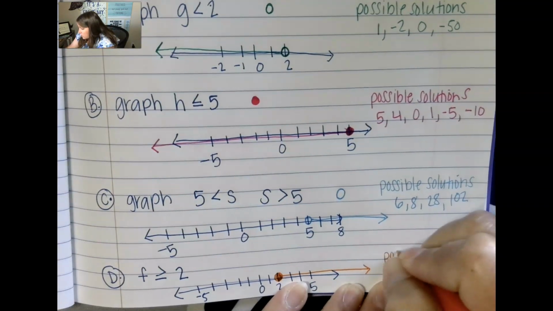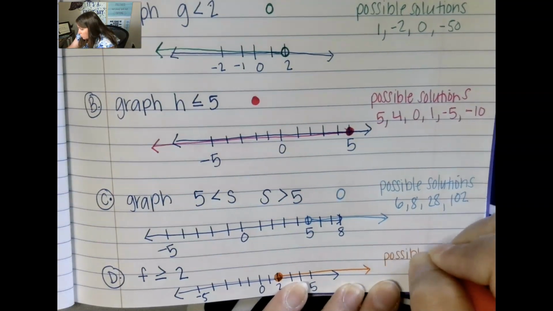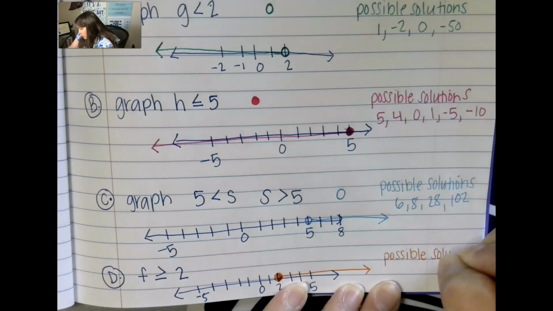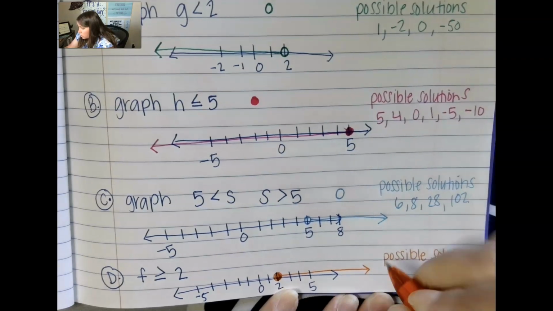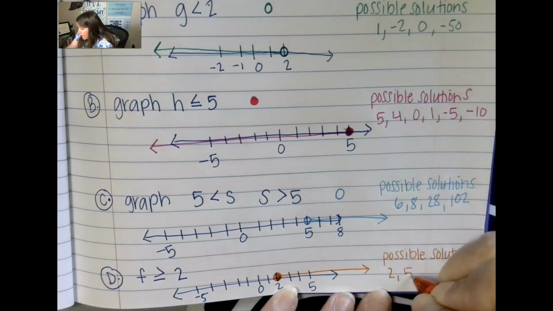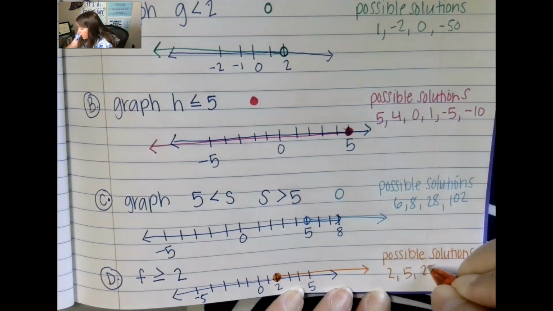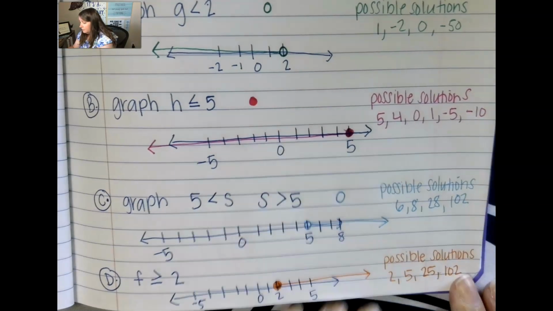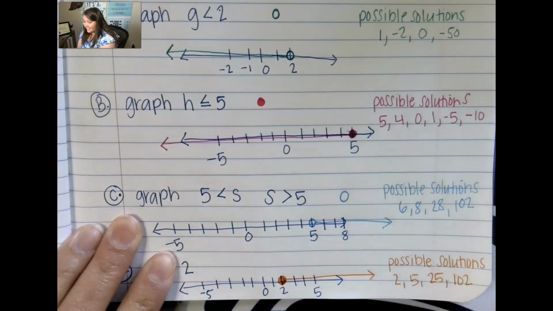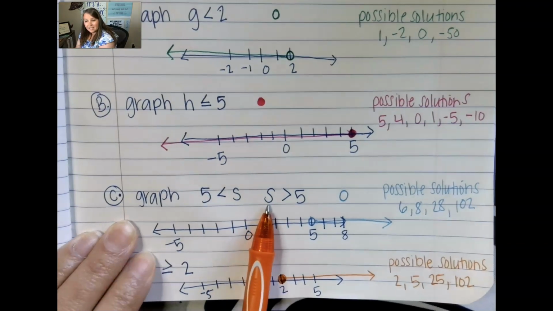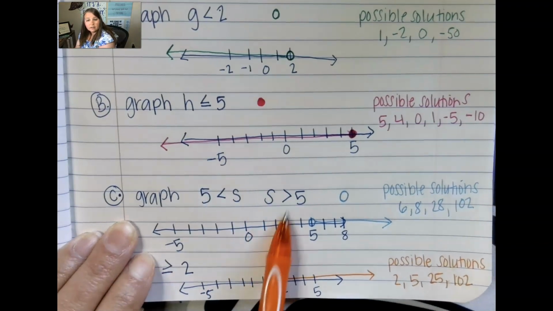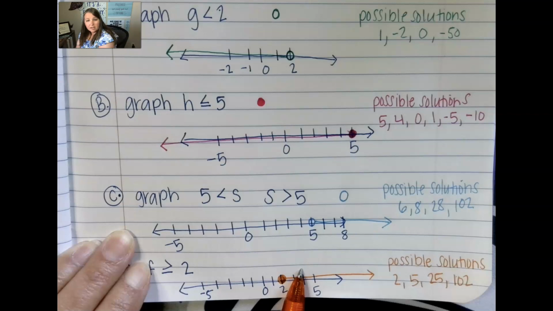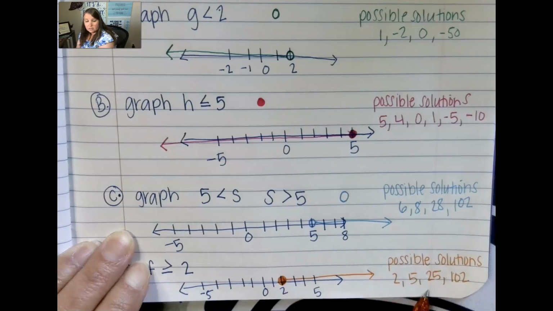So our possible solutions were 2, 5, 25, or 102. So it's very similar to this one, where, because it's greater than, it could have shared solutions.